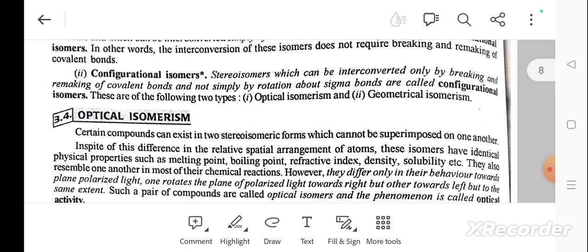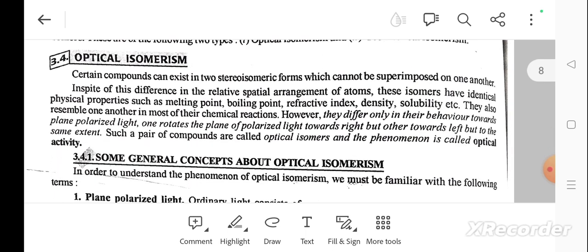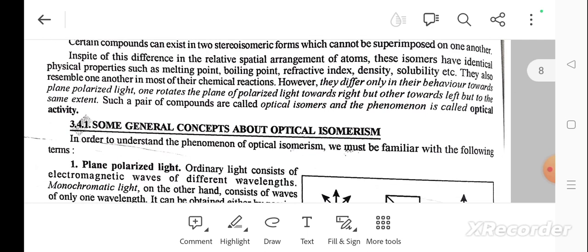These are of two types: optical isomerism and geometrical isomerism. Optical isomerism. Certain compounds can exist in stereoisomeric forms which cannot be superimposed on one another. In spite of this difference in the relative spatial arrangement of atoms, these isomers have identical physical properties such as melting point, boiling point, refractive index, density, and solubility.